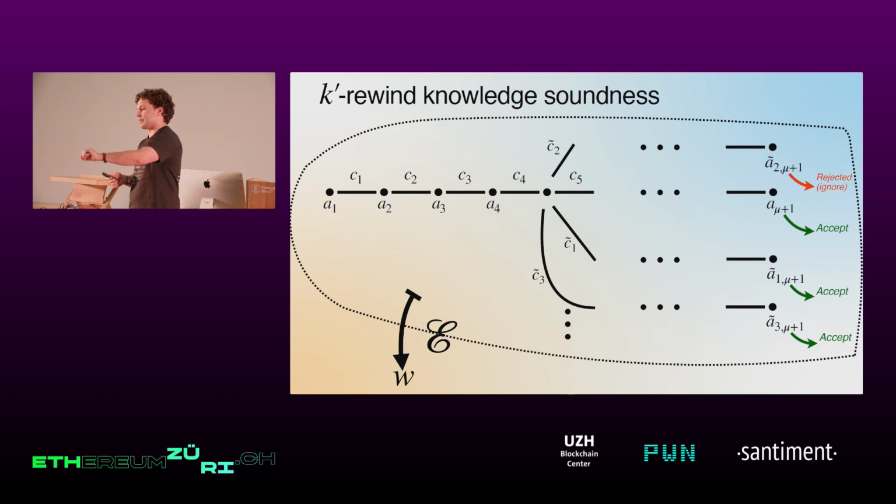And in fact, here I've represented a tree where the rewind happens only at one point, but the property gives you freedom of choosing different rewind points and many different rewind instances. It's just that in the protocols, when you try to prove it, many times you end up with trees that have this form.